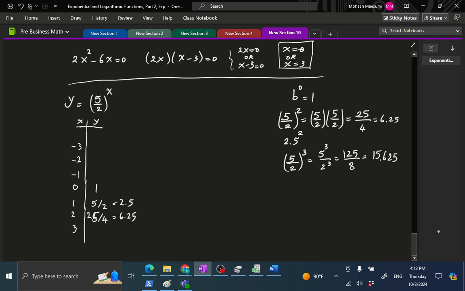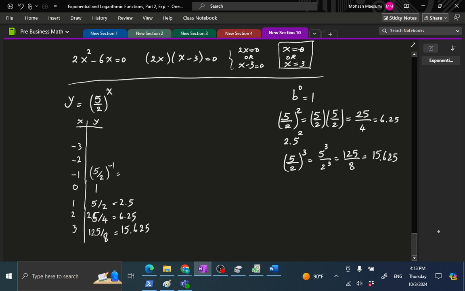So that is 125/8, which is 15.625. You want to do some of the basic ones by hand, and as the problem gets complicated, then you want to use decimals.